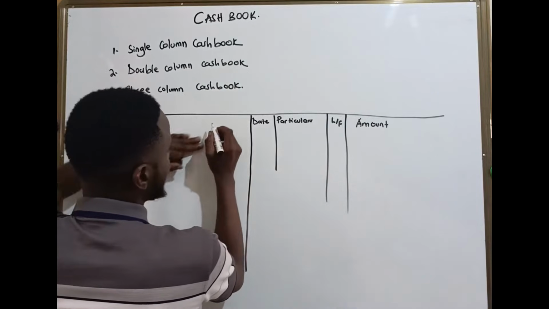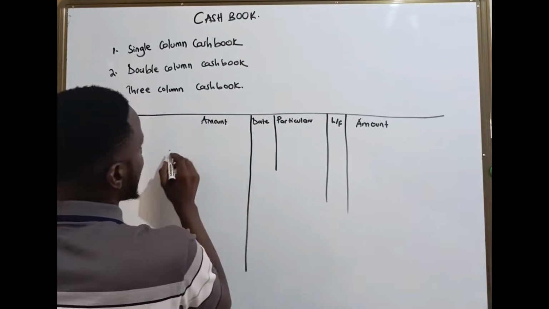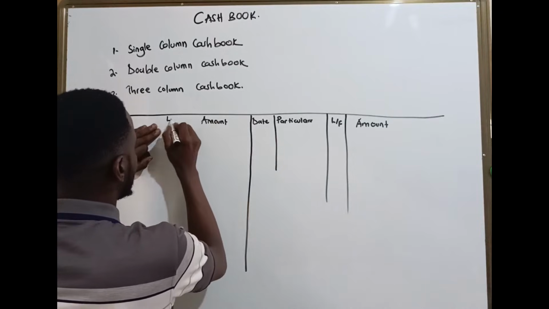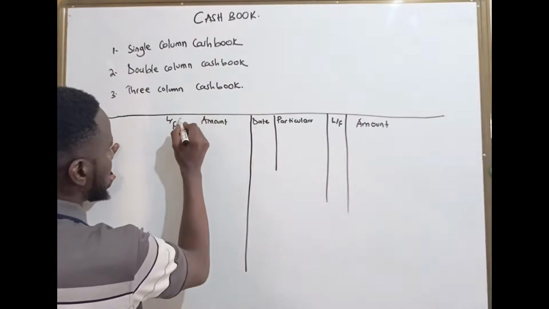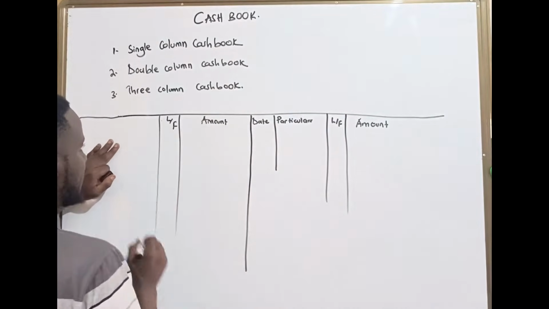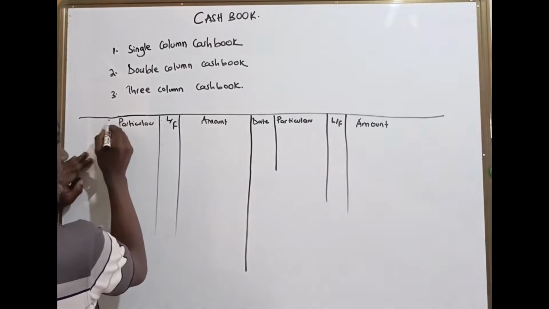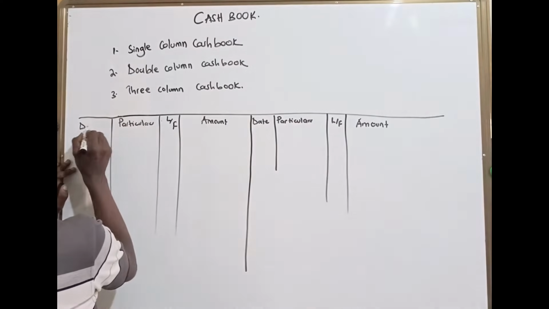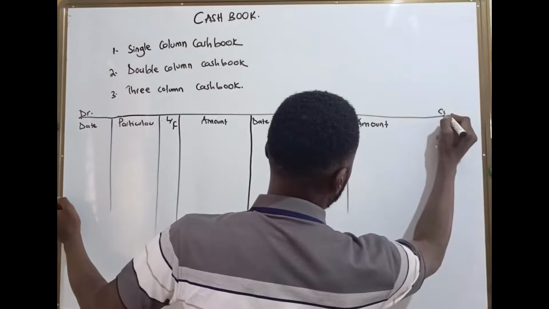Then here, still the same thing, we shall have our amount, the ledger folio, our particulars, and our date. So this is our debit and this is our credit.